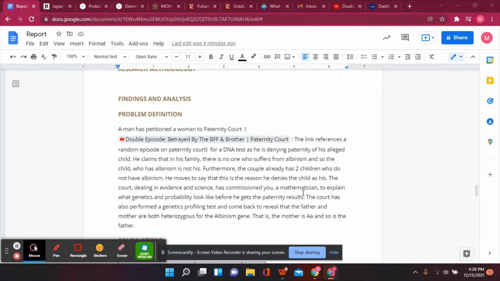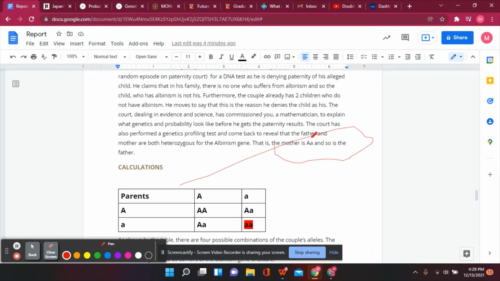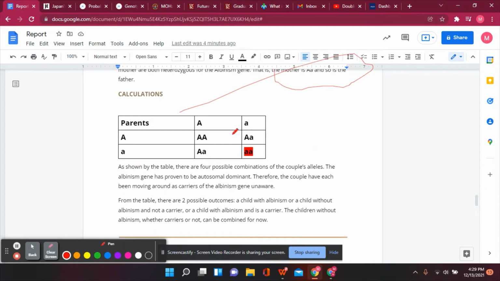So when they've done this genetic profiling, they come across the fact that the mother and the father both have heterozygous gene for albinism. So I've displayed this on a table, and this is how it would look. So this would probably be the mother, and that would be the father on the side.